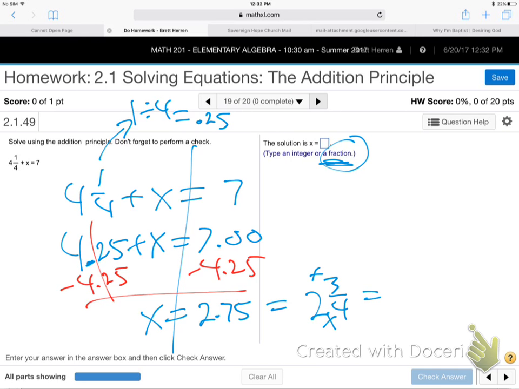Multiply the bottom, add the top. The denominator does not change. It was fourths before, it'll still be fourths. 2 times 4 is 8, add 3 is 11 fourths. There it is. Questions I can answer on that one? There's a lot of other ways to do that, but I think that's about the easiest. Okay.